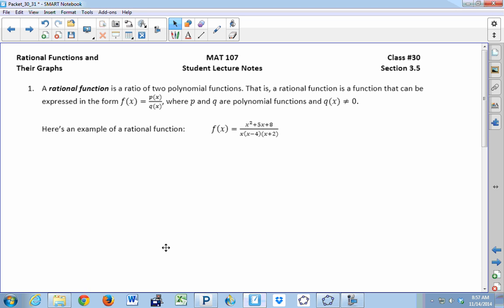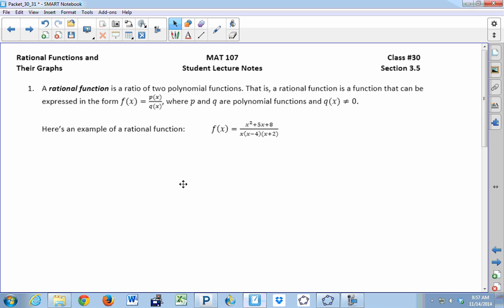Has anybody looked ahead? Okay. And then we just have a few classes after that left before the final. So pretty much once you have your material for test 3, you'll be tested on just about every single thing you'll see on the final.